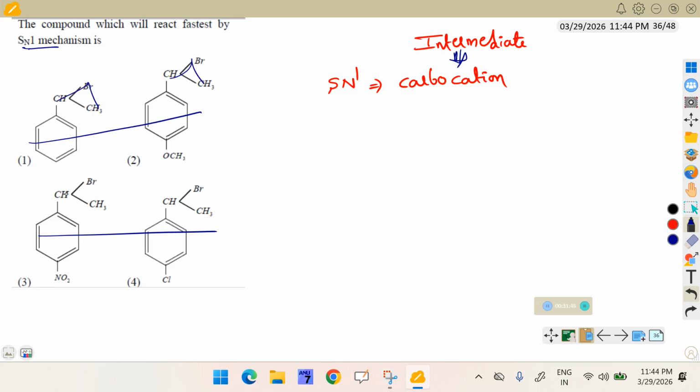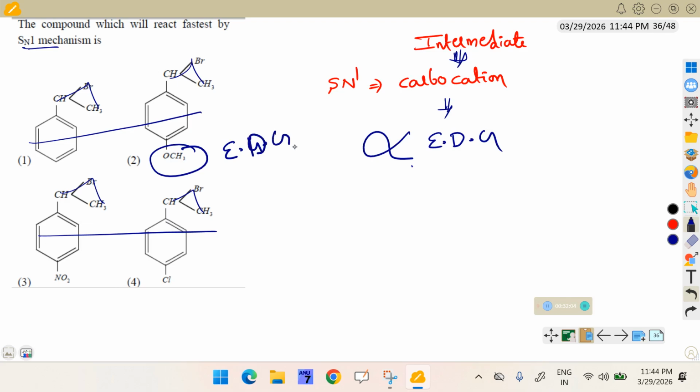That means same type of alkyl halide. Now it depends upon stability of carbocation, which is directly proportional to electron donating group. OCH3 acts as strong electron donating group. Based on that, second option is correct option.